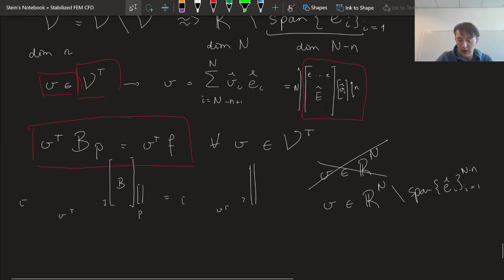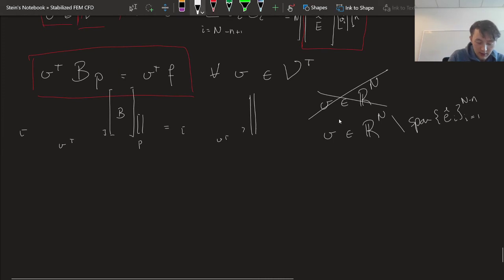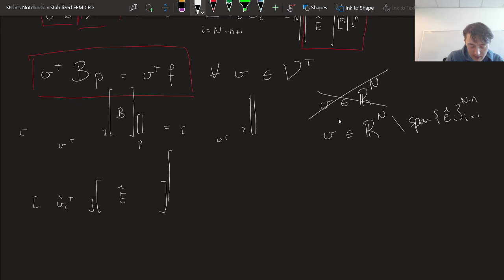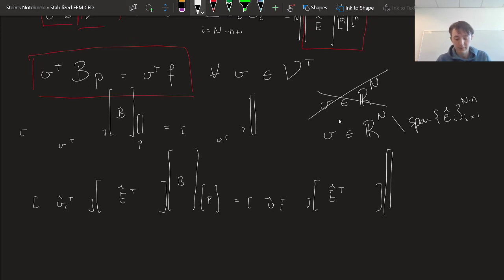So we have v transpose, and now I have to transpose what it says over here. So let me get v hat transpose times E times B times P is going to be equal to, same thing, v hat I transpose times the bases that do not satisfy the constraints times the vector. So what are the dimensions of my matrix multiplications here?